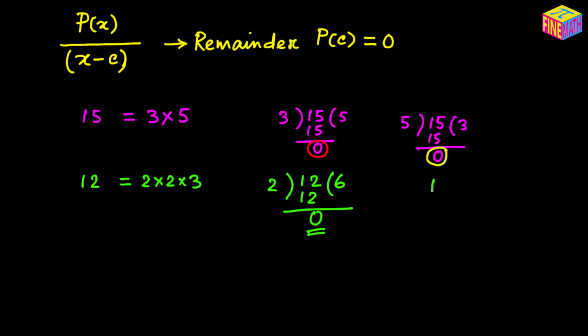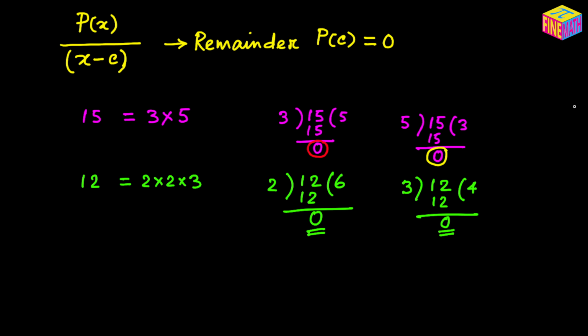And similarly, if we divide 12 by its other factor, let's say 3, 3 goes 4 times into 12, so here also the remainder is 0. So from these examples, we can clearly see that when a number is divided by one of its factors, it leaves no remainder, meaning the remainder is 0. In other words, when a number is divided by another number and it leaves no remainder, then the divisor must be a factor of the dividend.